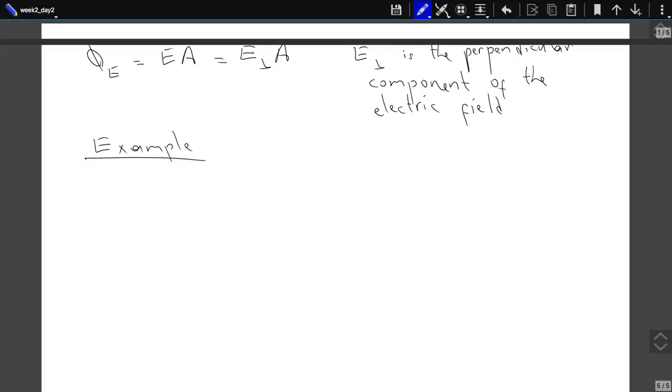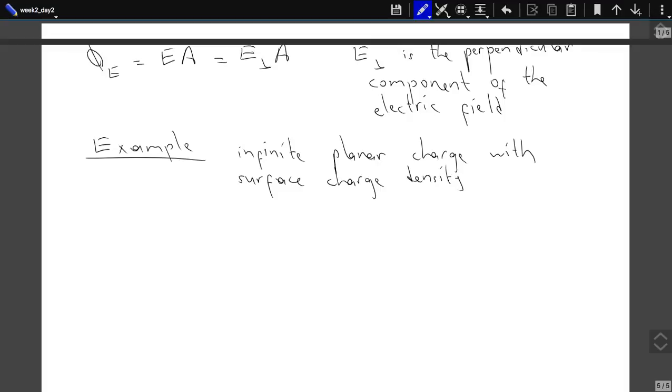Now we had already studied the infinite planar charge with surface charge density sigma.